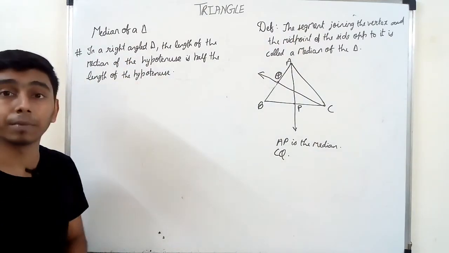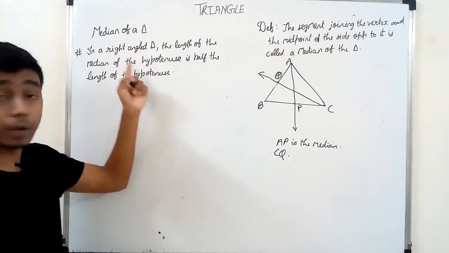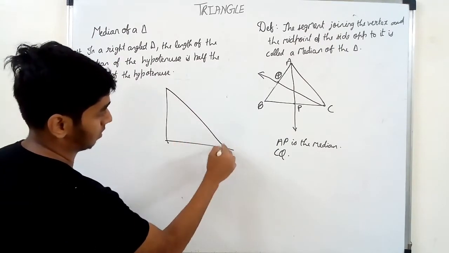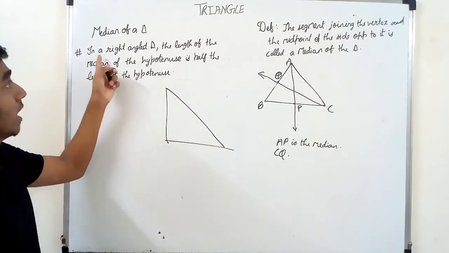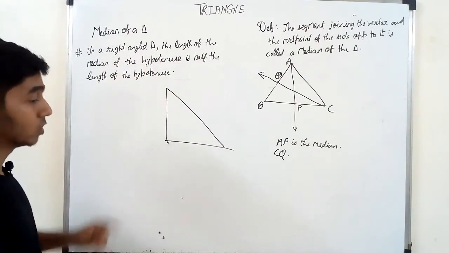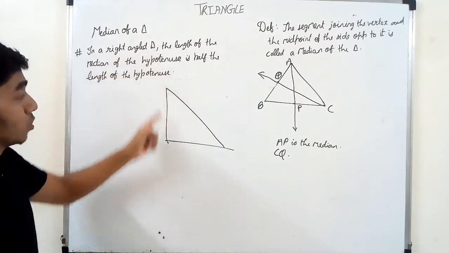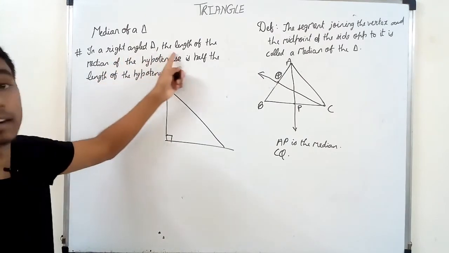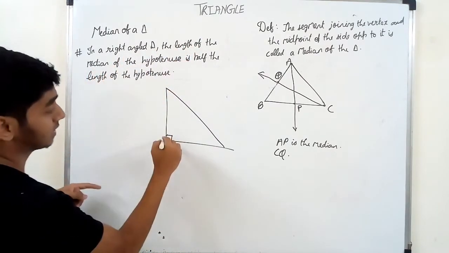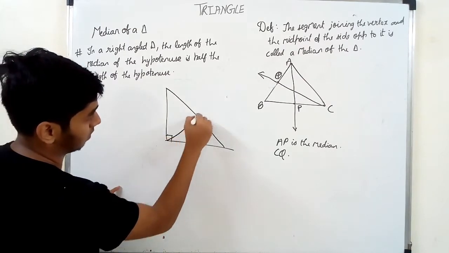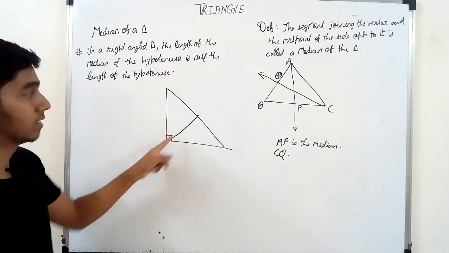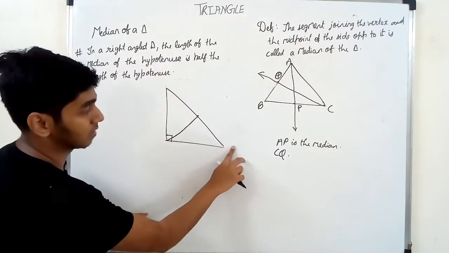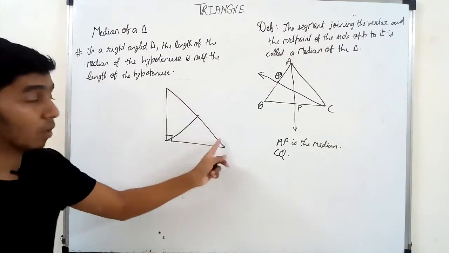Okay, so that's all about median. Now we'll take a theorem based on median. We are taking a right angled triangle. So this is 90 degree. In a right angled triangle, the length of the median, this is the median, of the hypotenuse. Why is this the hypotenuse?